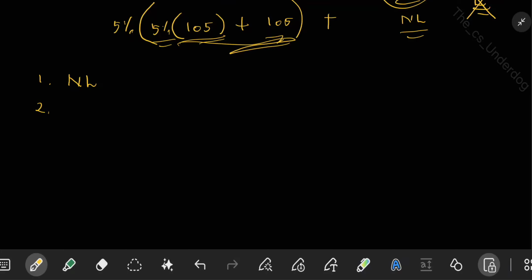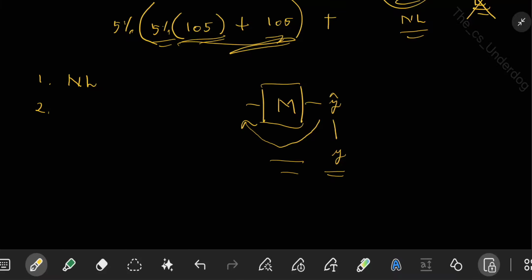Second point is, we already learned that whenever you have a model or a neural network and you pass an input through this and you get some output y cap, the most important part is to calculate loss by comparing it with the actual y and then back propagating this loss. While back propagating this loss, let us say using gradient descent, we already discussed in all our previous lectures that the most important part is you should be able to differentiate it and then back propagate.